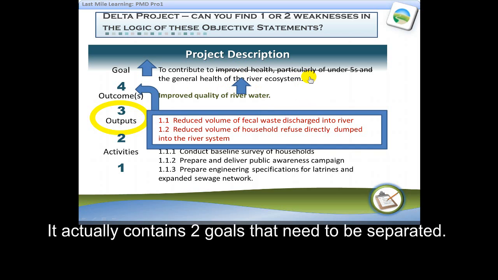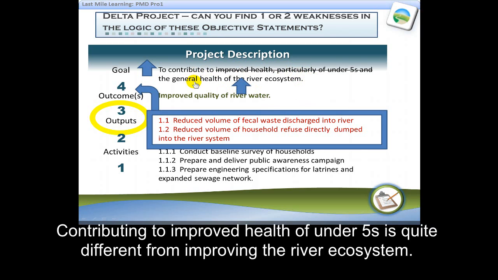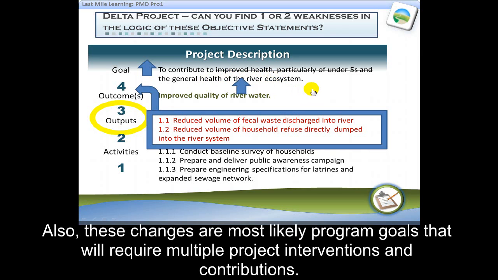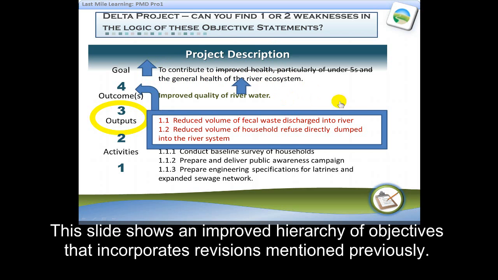The statement actually contains 2 goals that would best be separated. Contributing to improved health of under 5s is quite different from improving the river ecosystem. Also, these changes are most likely program goals, and they require multiple project interventions and contributions to accomplish.